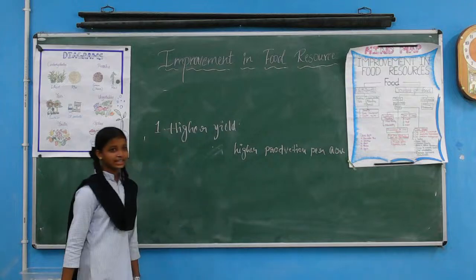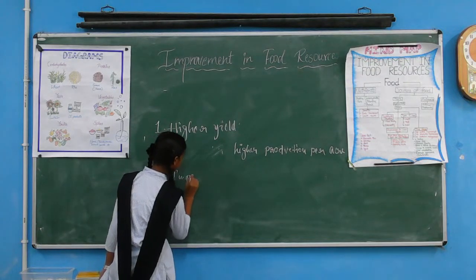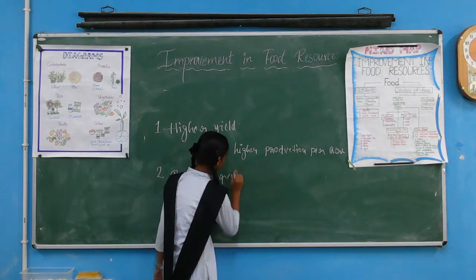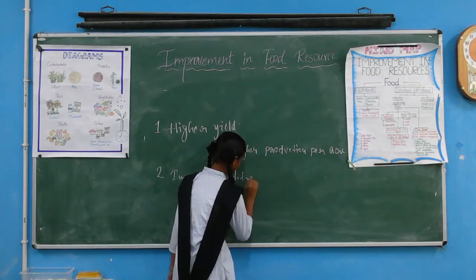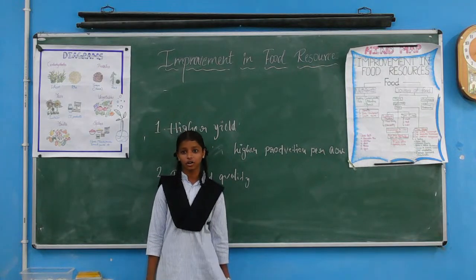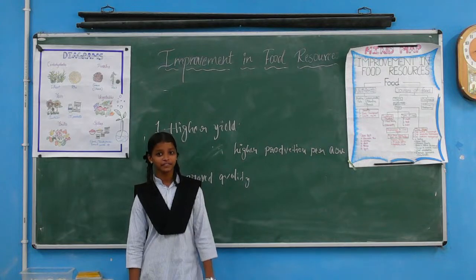And the second one is improved quality. We know that we can't take the same quality products for all crops, so we should take different types of quality products for different crops.